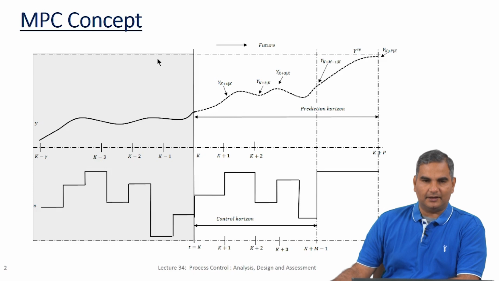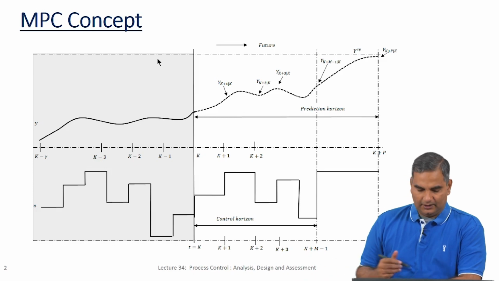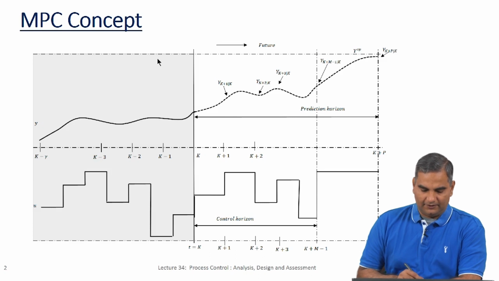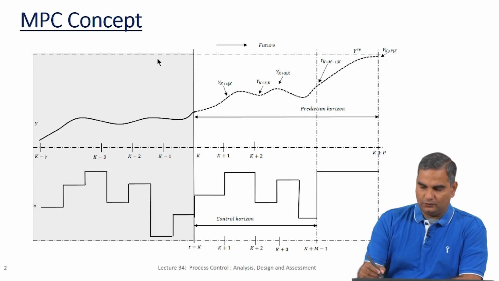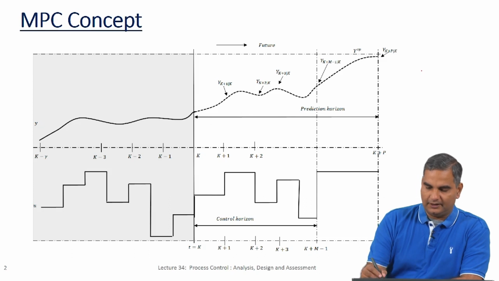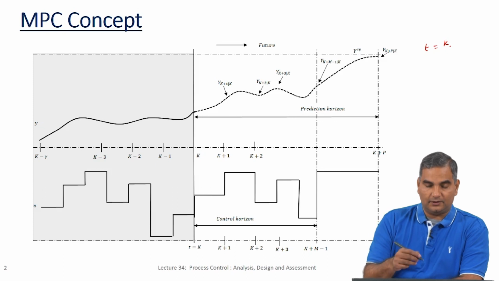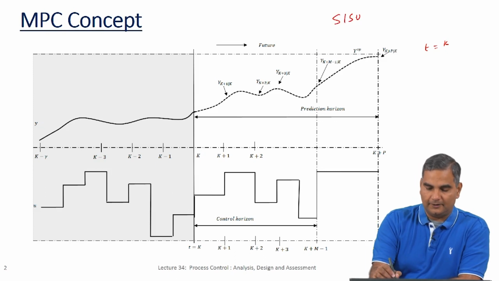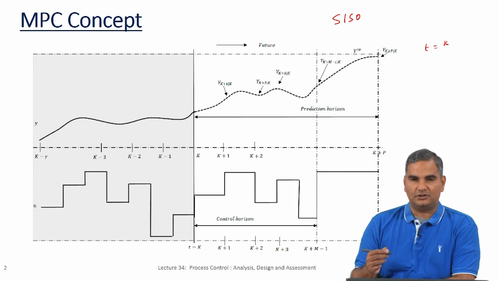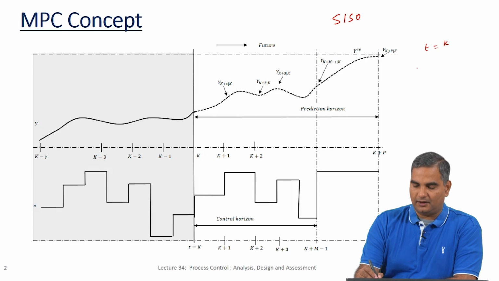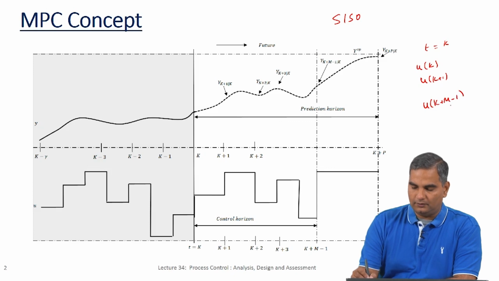So, just quickly summarizing from last lecture, we talked about a control horizon, which is having a control move plan. So, basically if I am sitting at time t equal to k, if I am making control move plans, since I am still talking about SISO systems here, I have to make decisions about values of u at m steps, and what those m steps are: u(k), u(k+1), and all the way up to u(k+m-1).